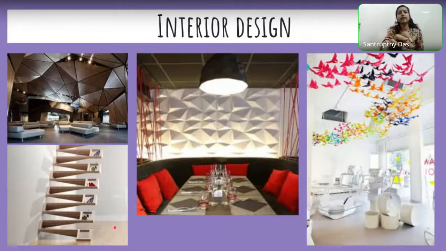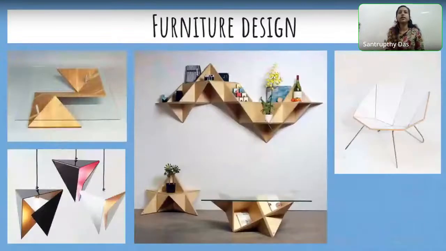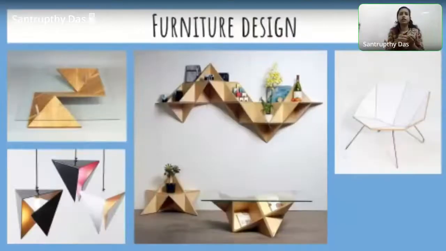This is a staircase that is inspired by folds, how a folded staircase would look like. And this here is basically using a module and decorating the inside of a space, something like an installation. Then coming down to the smallest unit, if we may say, a furniture.